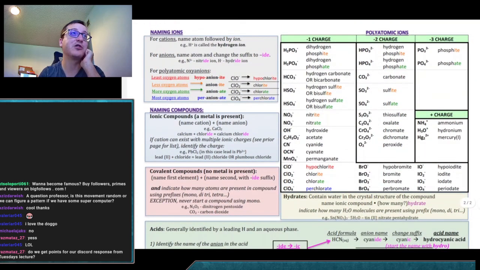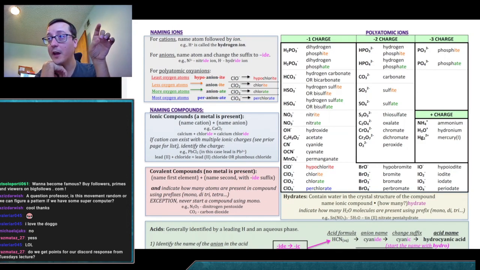Everything in this chart that you see called polyatomic ions, you're going to want to start learning all of those chemical formulas as well as their names. And pay close attention to the names because a lot of them are very similar. Nitrite versus nitrate, they are similar, one letter difference, and that makes a big difference chemically speaking.